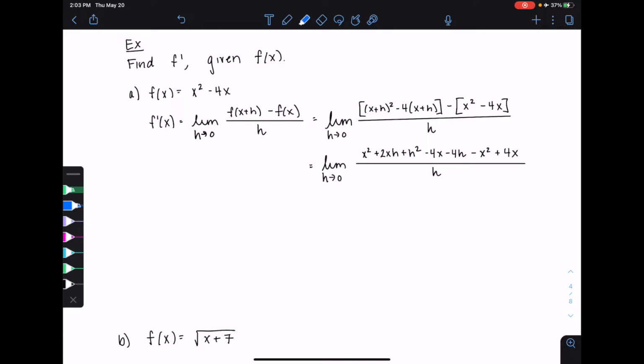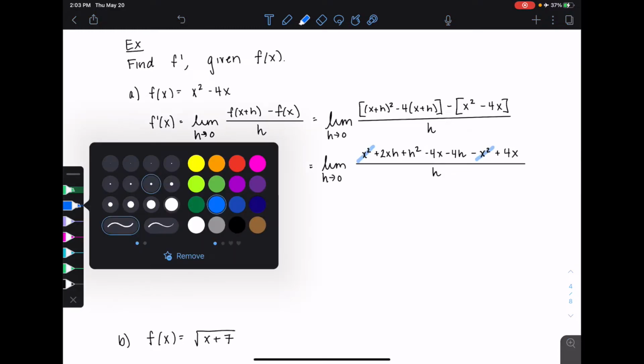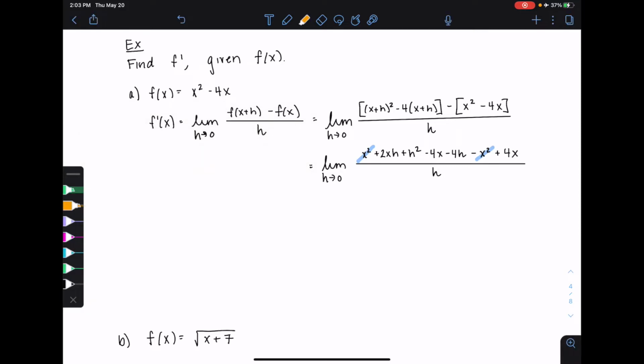So we get some nice cancellation, x squared and negative x squared. Then we've got negative 4x, positive 4x. And so we're left with the limit as h approaches 0 of 2xh plus h squared minus 4h, divided by h.